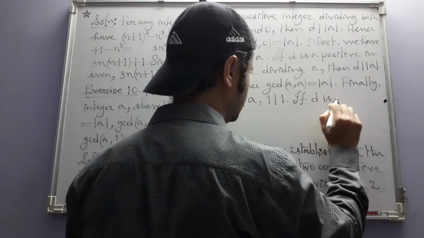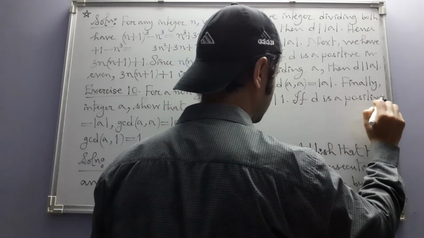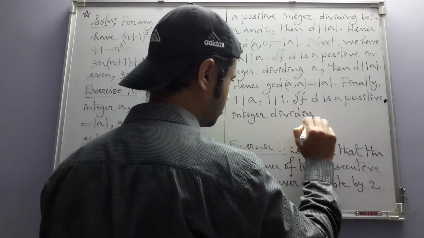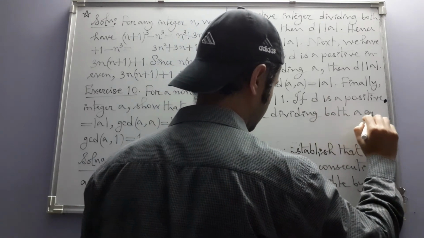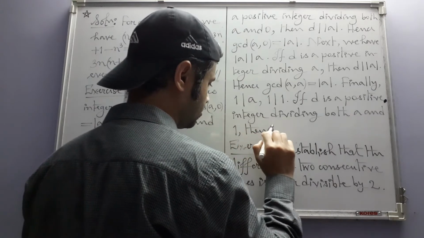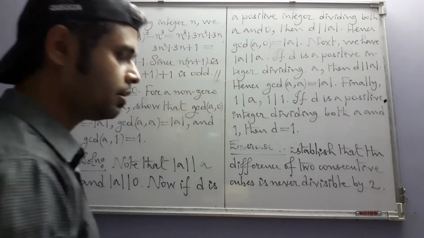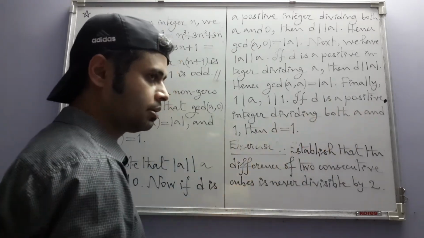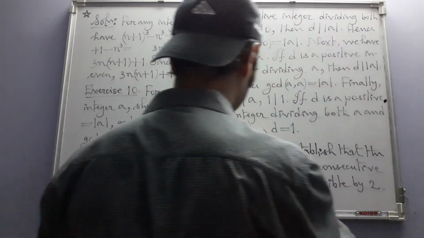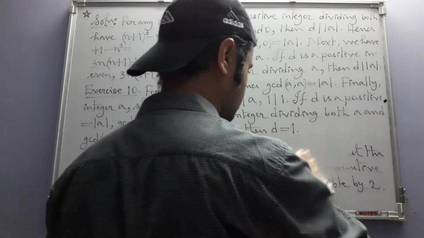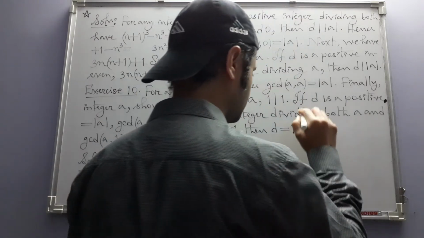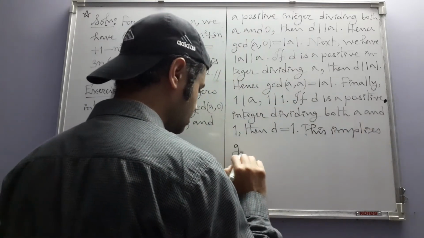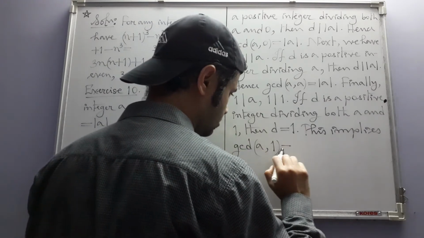If D is a positive integer dividing both A and 1, then D of course divides 1, and that is because D itself becomes 1, and this conclusion comes from the fact that D divides 1 and is a positive integer. This implies this is equal to 1.